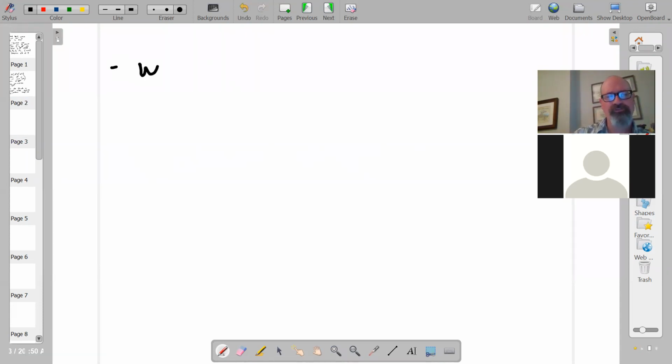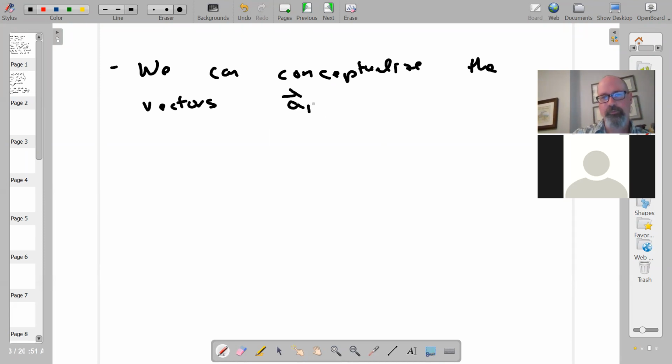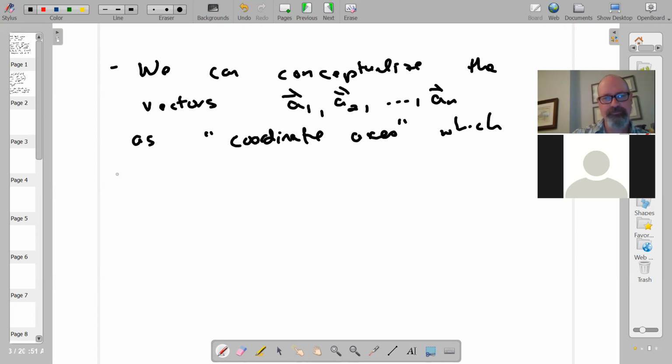We can conceptualize the vectors A1, A2, and so on as coordinate axes, which define the span, I guess, which define the subspace of Rm which they span.